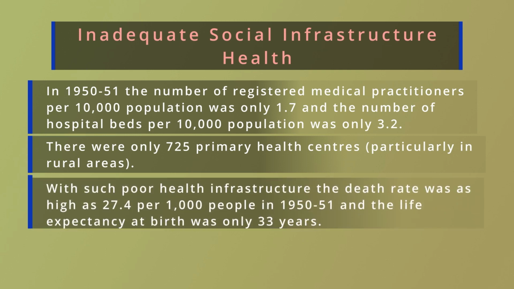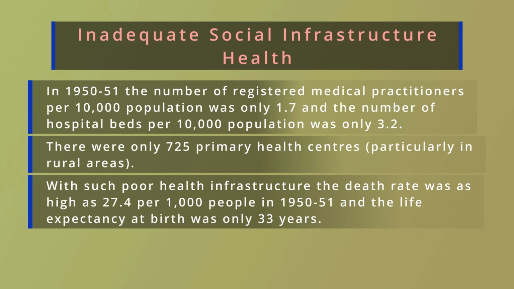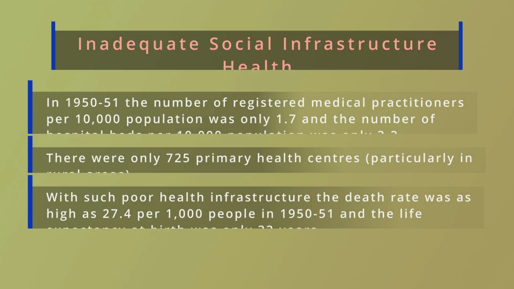So with such poor health infrastructure in our country, we find that the death rate was very high. It was about 27.4 per thousand population in 1950-51, and the life expectancy at birth was only 33 years.